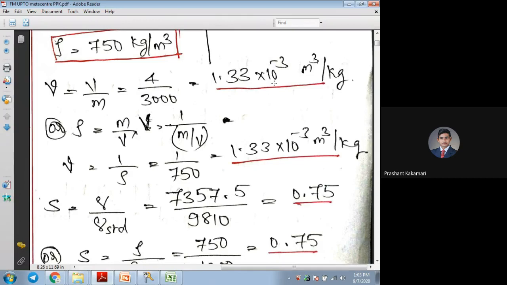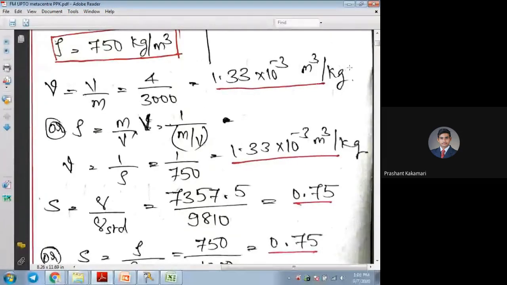But here the units will change. The units will be meter cube per Newton. So what you do is take 4 divided by 3000, and you multiply 3000 with 9.81. That will become meter cube per Newton. Both answers will be considered as per the units.